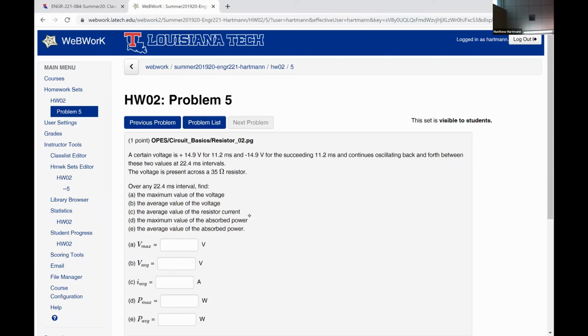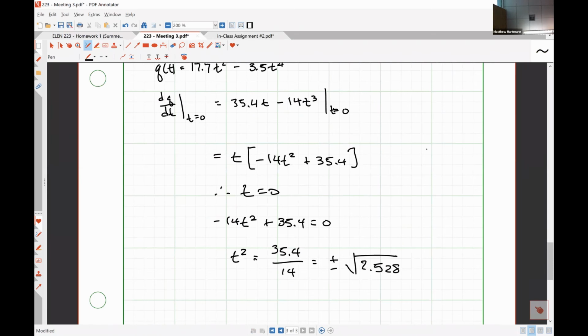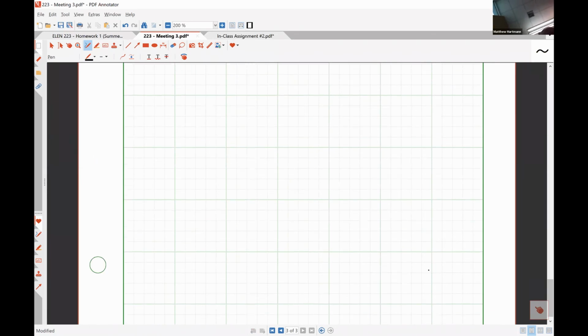Okay, right? So let's draw a picture of what's going on. Let's attempt to draw a graph. My fat fingers will get out of the way.